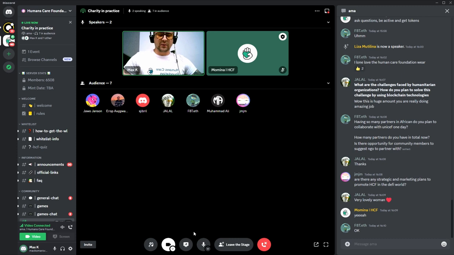We show all the transactions, all the donations made by crypto, and most importantly, some of the funds, some of the NGOs, some of our partners are able to receive cryptocurrency. So we share the hashes of transactions of incoming donations as well as outgoing donations that are going through our platform.